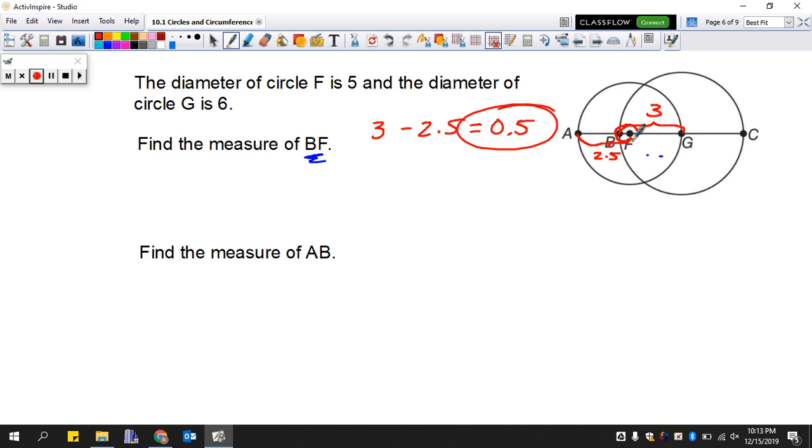So this right in here is overlapping, and we know that this is 0.5. We found that out earlier. So this would be 2.5 minus 0.5, which is 2.0, because you have to take away the part that overlaps.